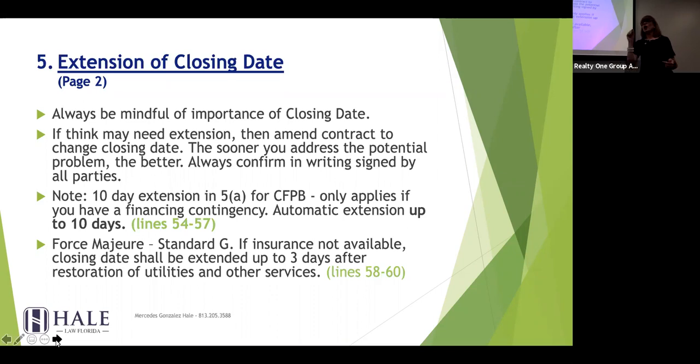You get up to 10 days. You get as many days as necessary. If they can disclose to the borrowers on what would have been the closing date, they get 3 days, okay? So by the time you get to the closing date at 3 days, give them an extra day just to be safe.